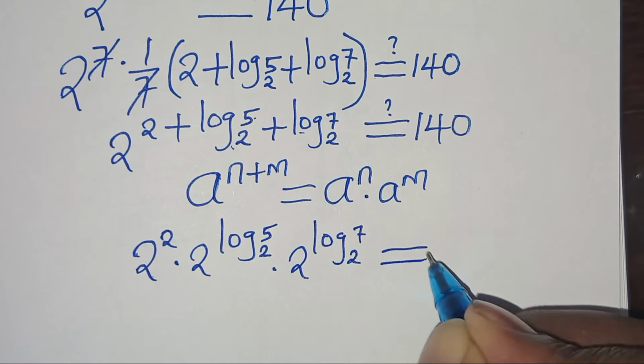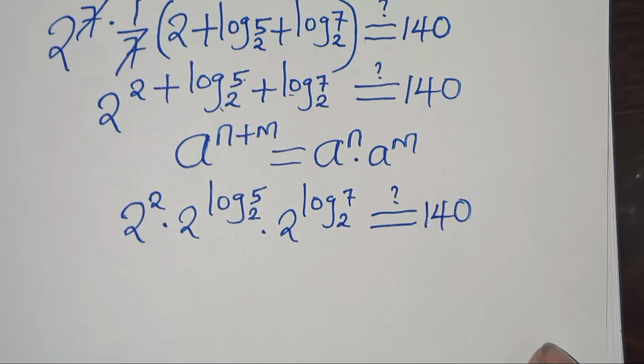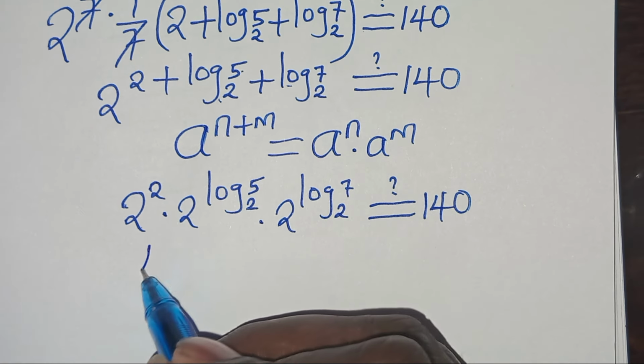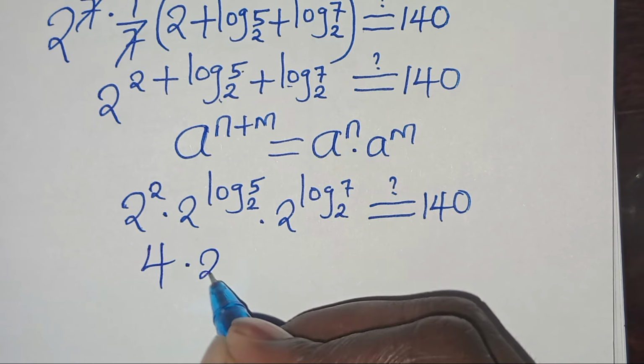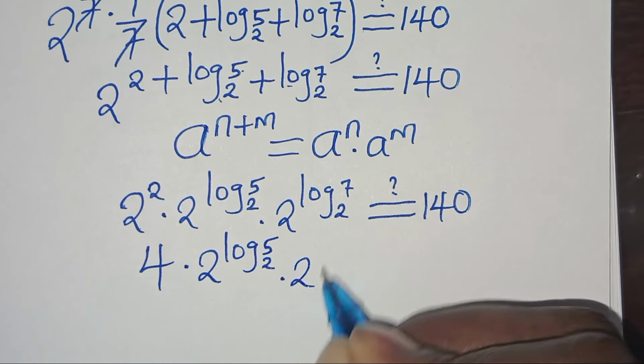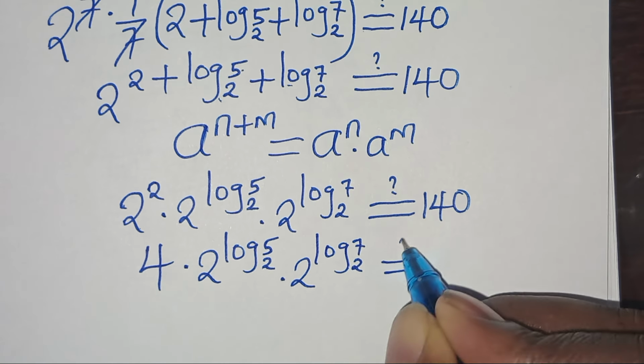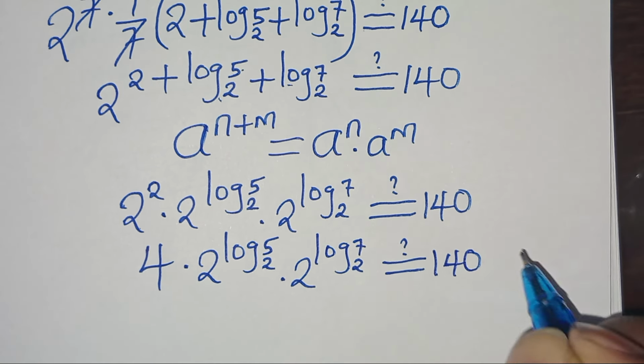This should give us a value of 140. So 2 squared, this is 4, times 2 to the power of log 5 to base 2 times 2 to the power of log 7 to base 2. This should give us a value of 140.